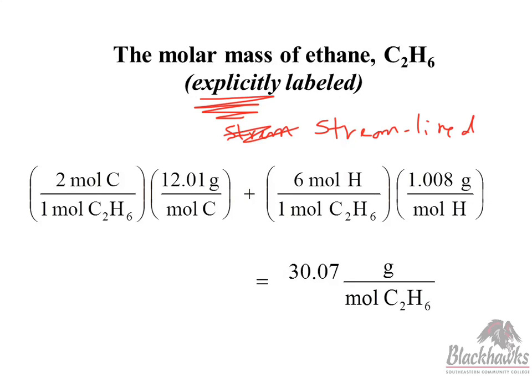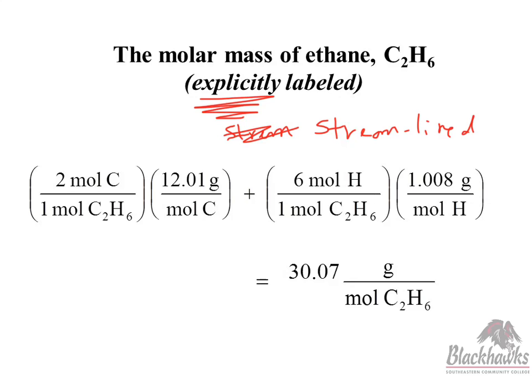But say somebody gave us the formula of this compound, C2H6, and said, what is its molar mass? I'm going to do a problem very similar to what I would do for its molecular weight. I'm going to recognize that those little subscripts, 2 and 6, mean that we have 2 moles of carbon for every 1 mole of compound.